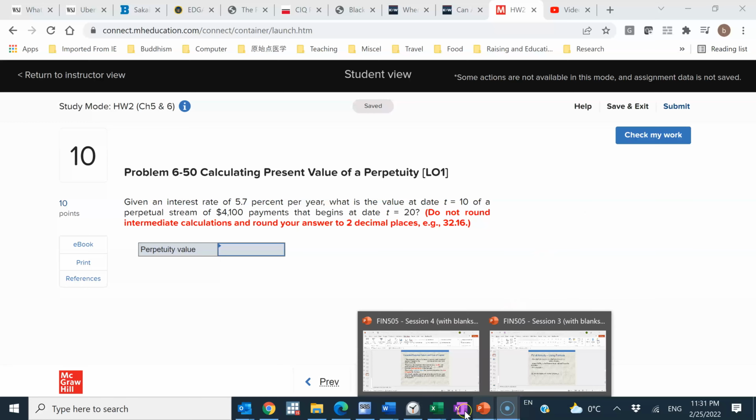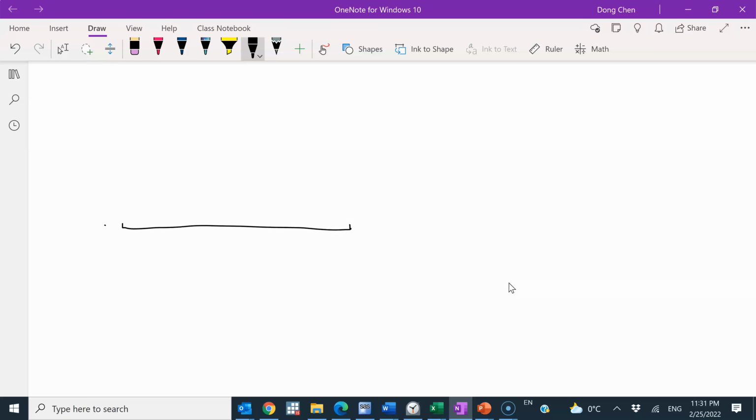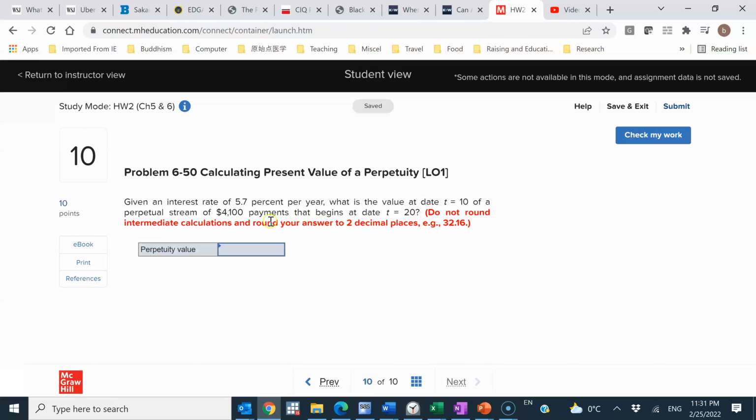If we draw this chart in a graph, we have 3 dates: this is 0, this is t equals 10, and this is t equals 20. Going back to the setup, it says the first payment will begin at t equals 20. So we just record this.